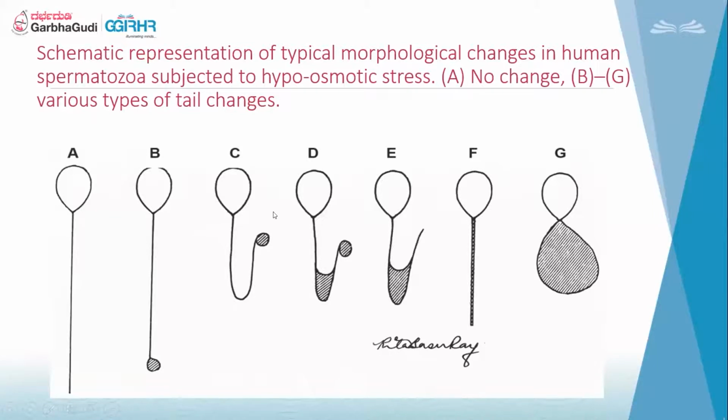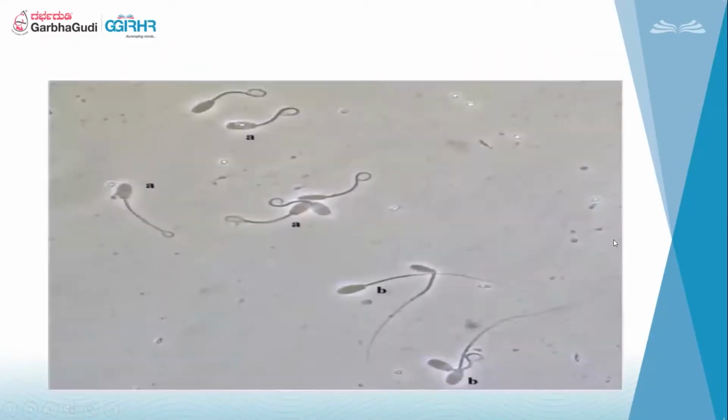Here you can see hairpin-like swelling, this is only the tail tip swelling, and like that, balloon-like swelling has taken place. All of B to G you can consider normal or viable sperm, which have shown changes due to osmotic gradients. Only then do we consider it viable.